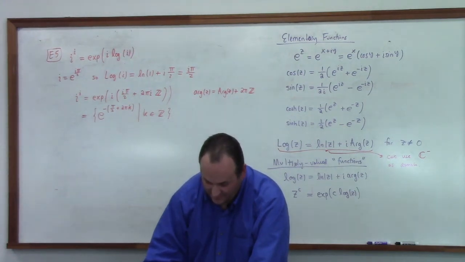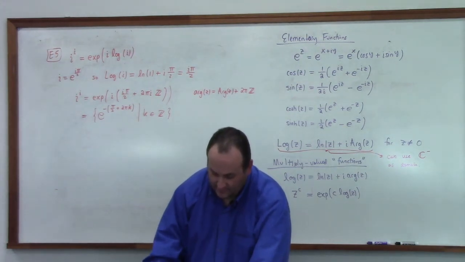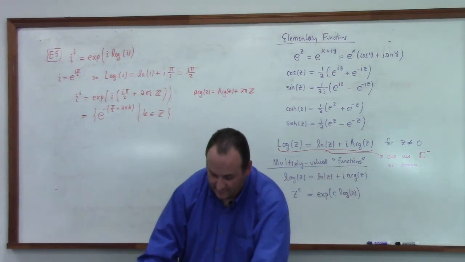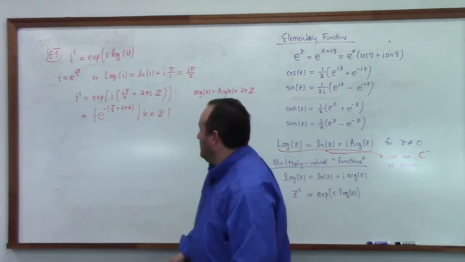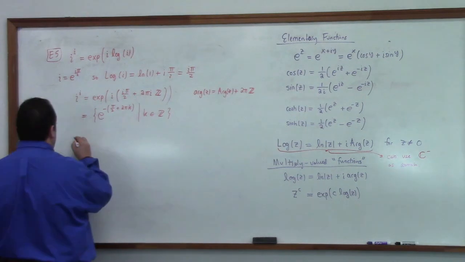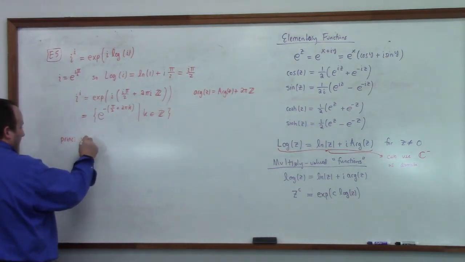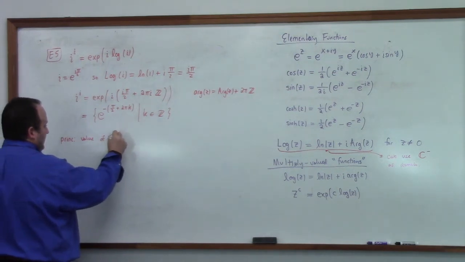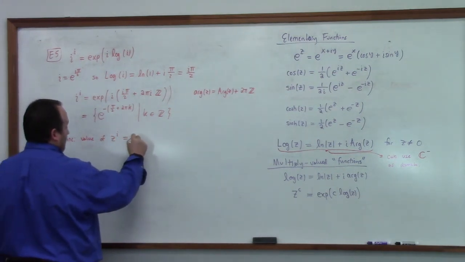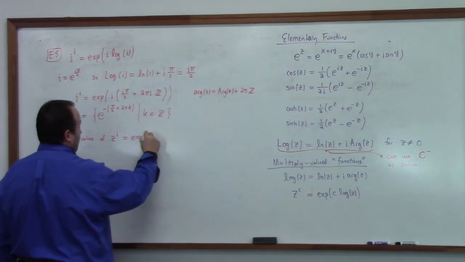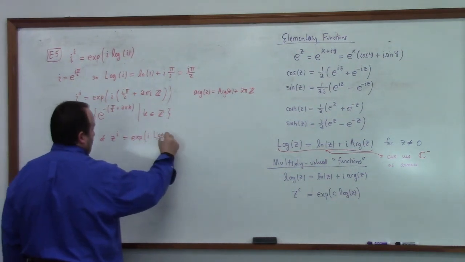So, now, of course, if you wanted to define a principal value of Z to the I, you could just use something like exponential of I log of Z, right?